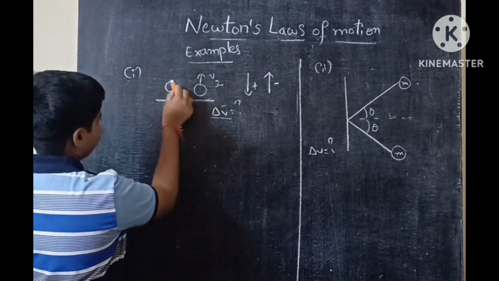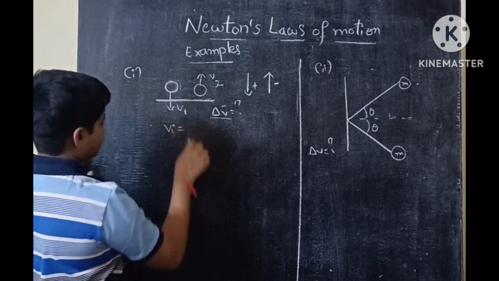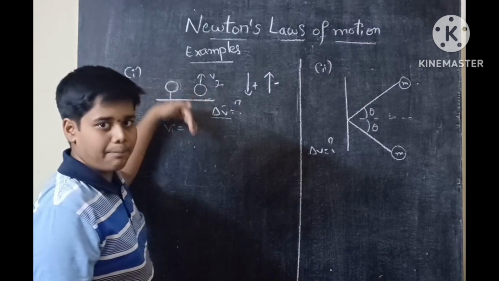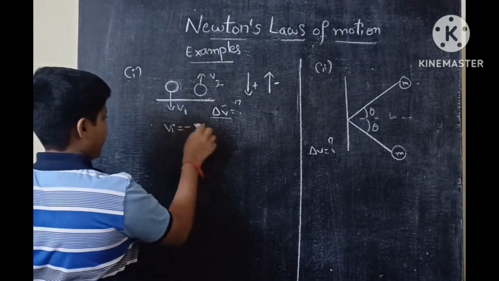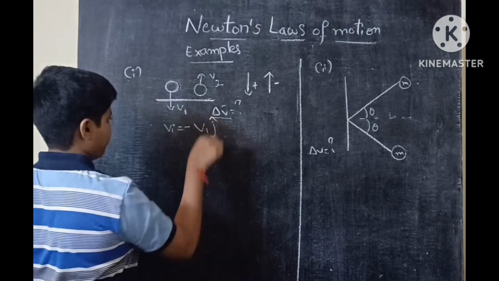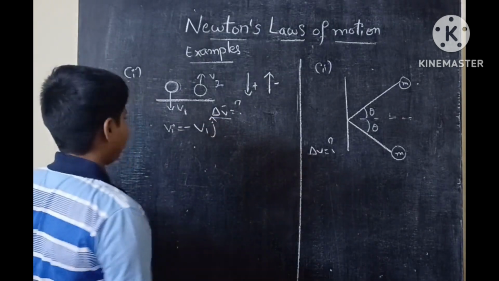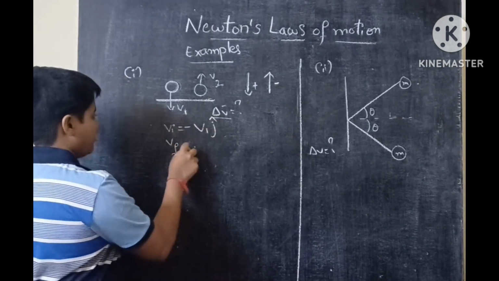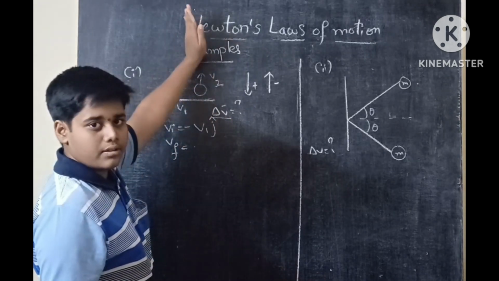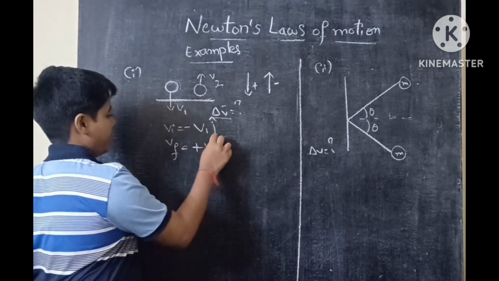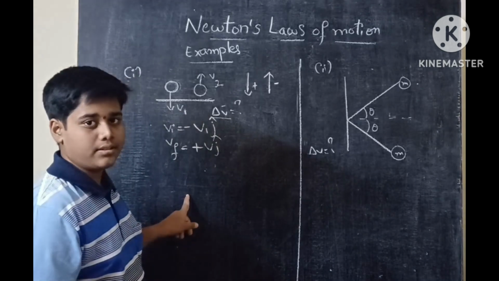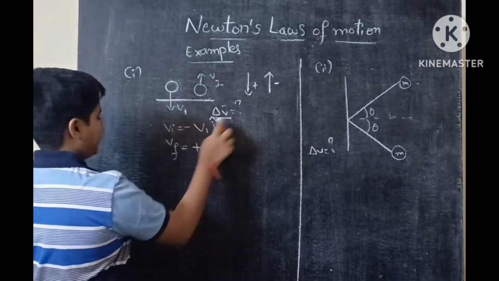V initial is in the minus j cap direction, so it is minus V1 j cap. V final is upward, so it is positive V2 j cap. Here we have to find delta V.